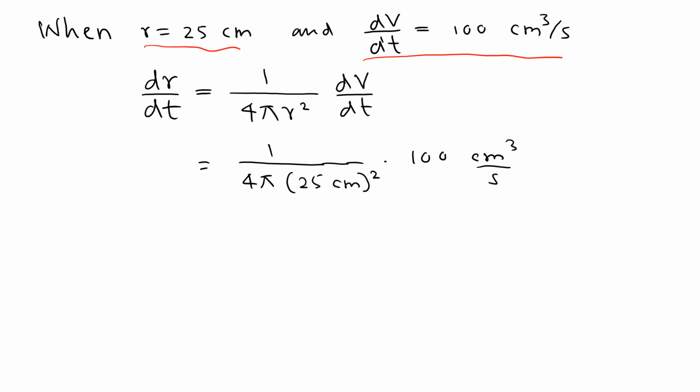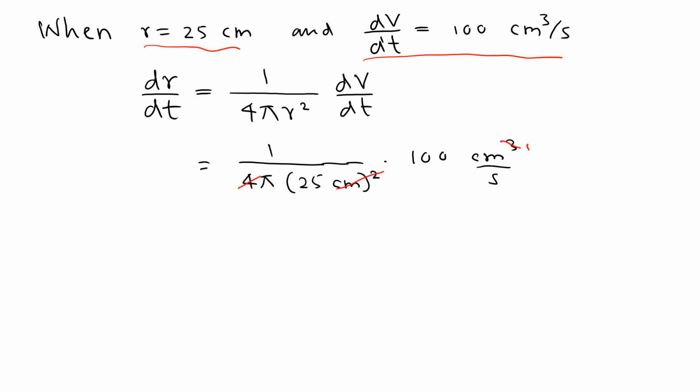And then you can see centimeters squared cancels with centimeters squared. So you cancel this with this, and you get only 1. And then also 4 times 25 is 100, so that means you're going to cancel out.